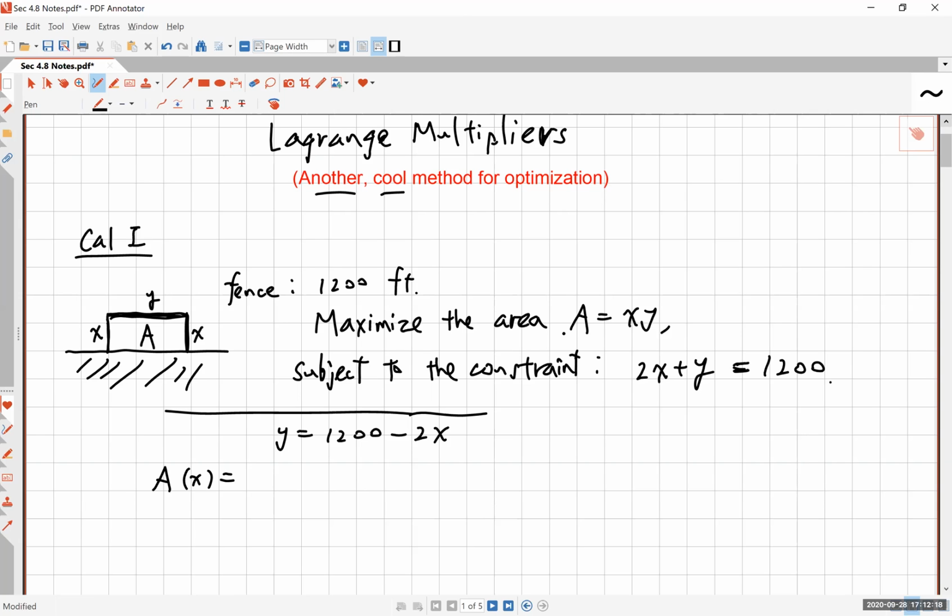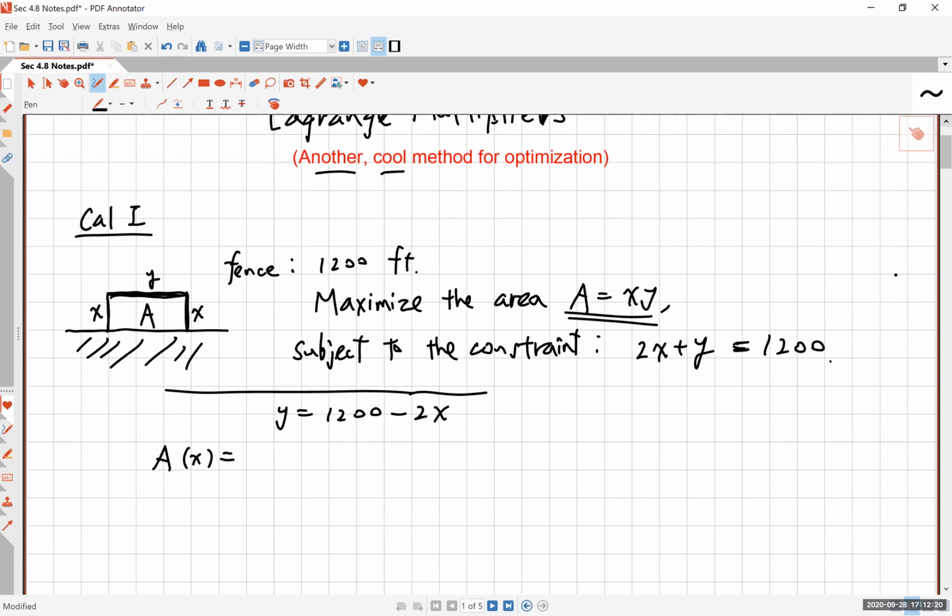Right now, the area is a function of x and y, but you can write this strictly in terms of x, which is x times y, but y can now be written as 1,200 minus 2x, and so you can write this as negative 2x squared plus 1,200x.